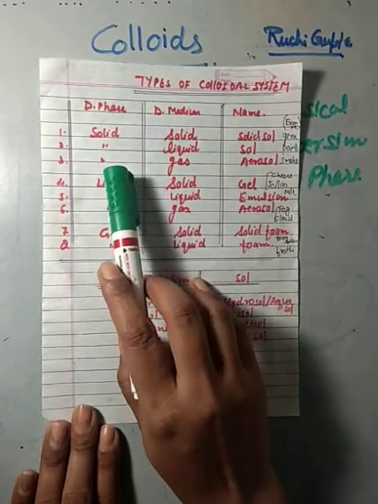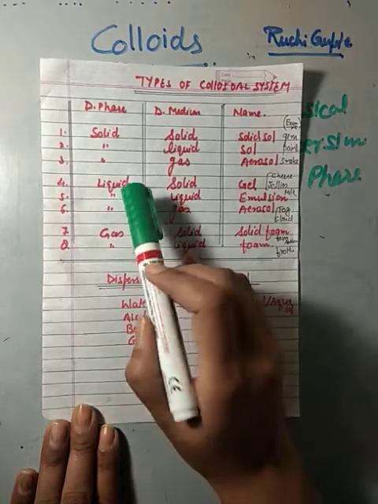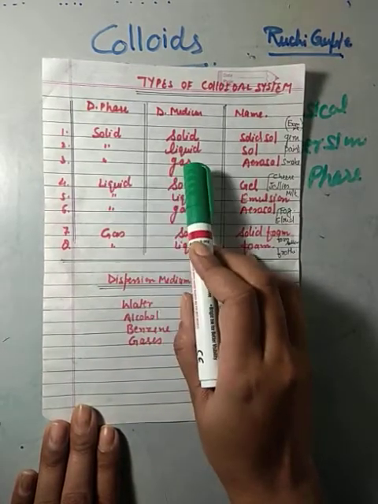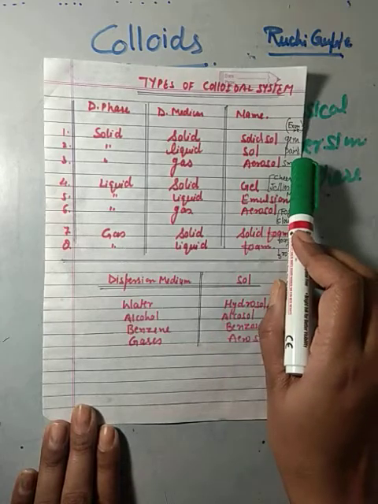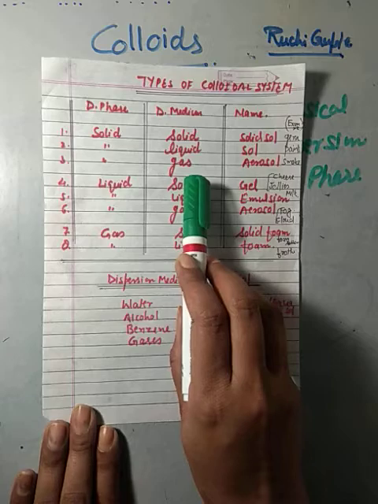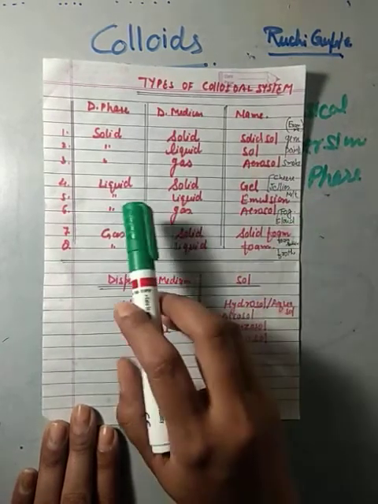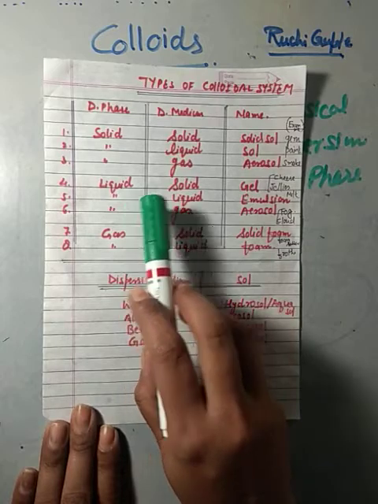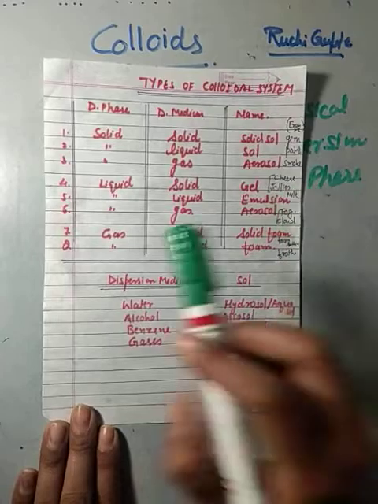If the dispersed phase is solid and the dispersion medium is liquid, then it is called sol, and the example is paint. The dispersed phase is solid, the dispersion medium is gas, the name is aerosol, and the example is smoke. If the dispersed phase is liquid and the medium is solid, then gel, and the example is cheese.